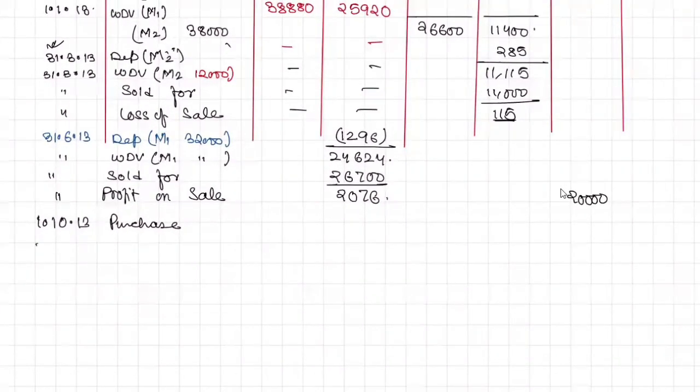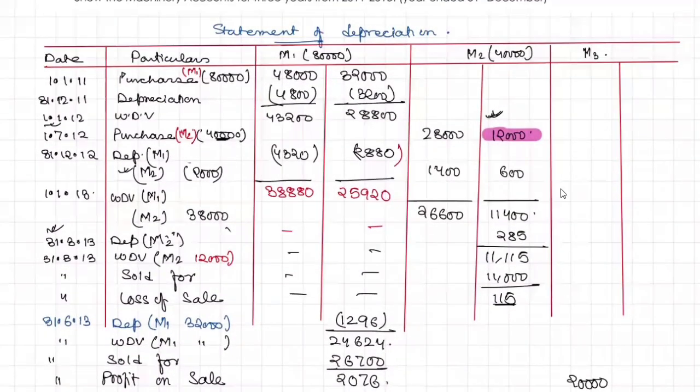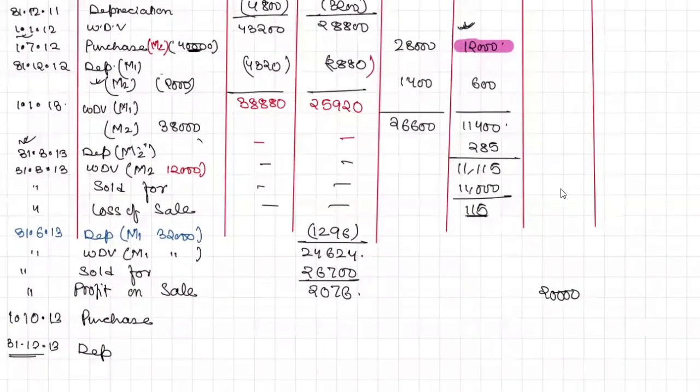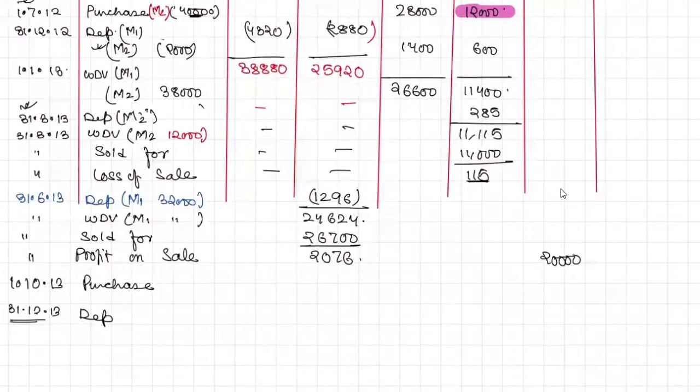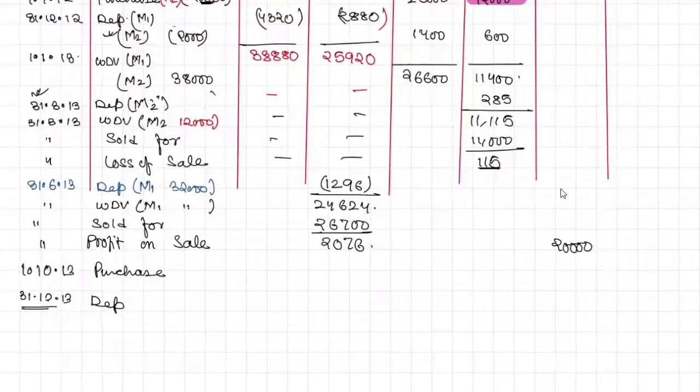Now 31st, 2013, depreciation will be calculated. Now see where depreciation will be there. Depreciation will be there for the 48,000 part, for the 28,000 part, and the 20,000 part because the rest are sold. Correct. So depreciation for M1, now see, 38,880 will be full year depreciation.